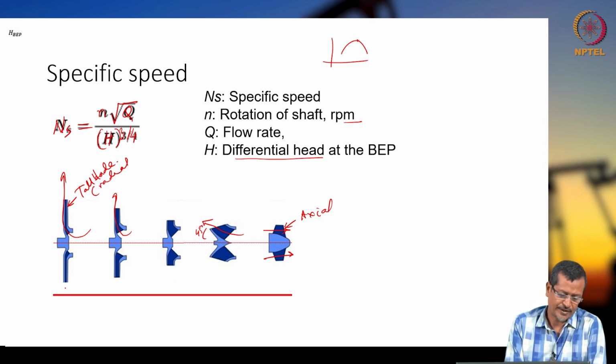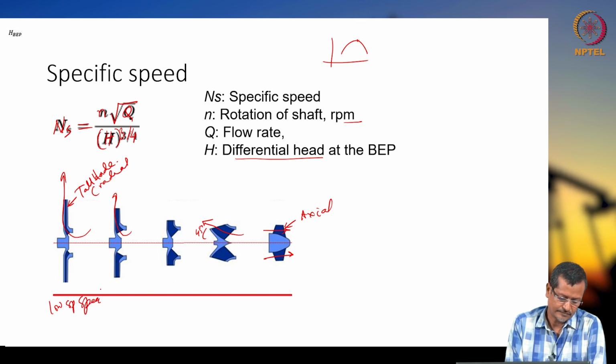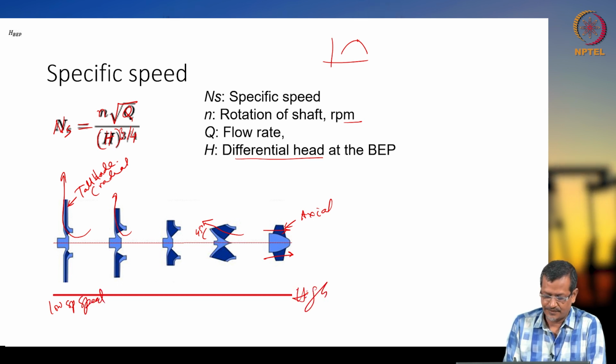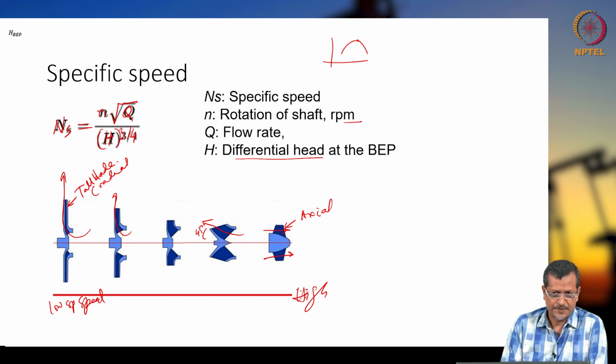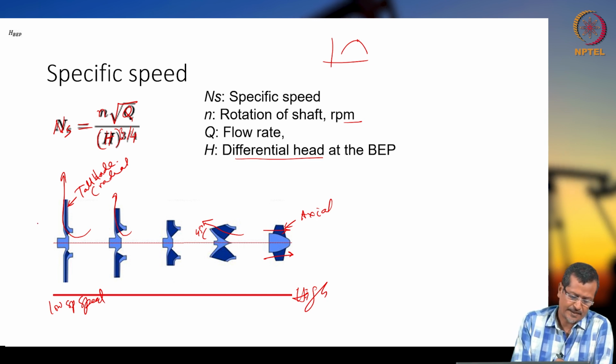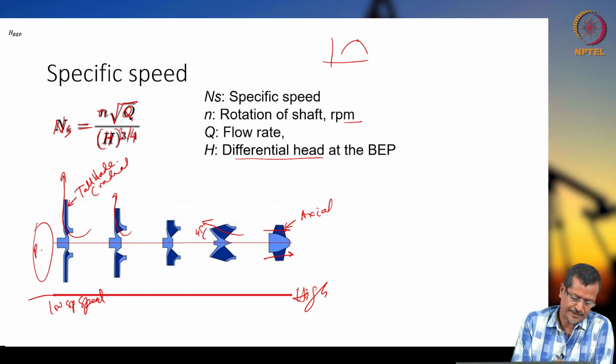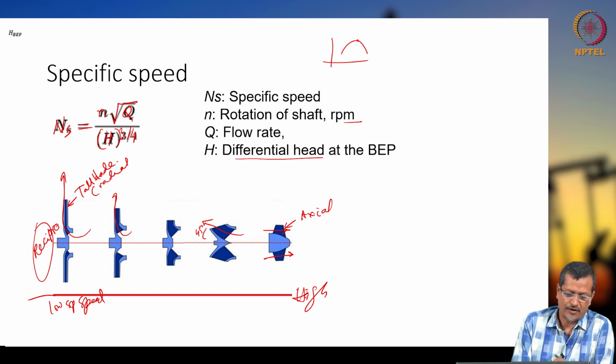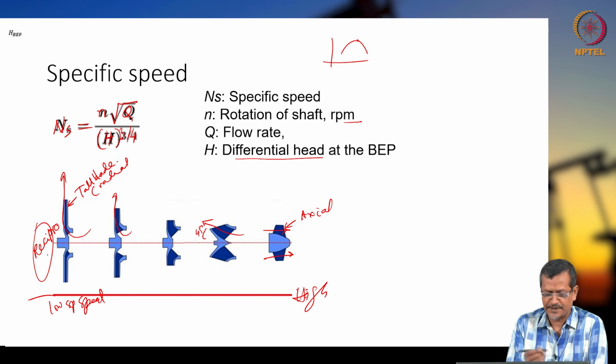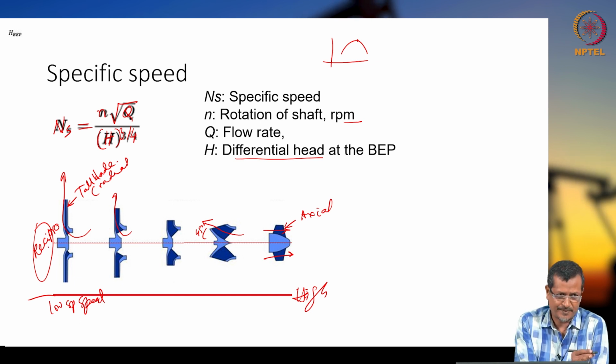Specific speed will be low here and high here. Low specific speed, high specific speed, and my reciprocating or positive displacement pump will be coming here, near the tall blade.